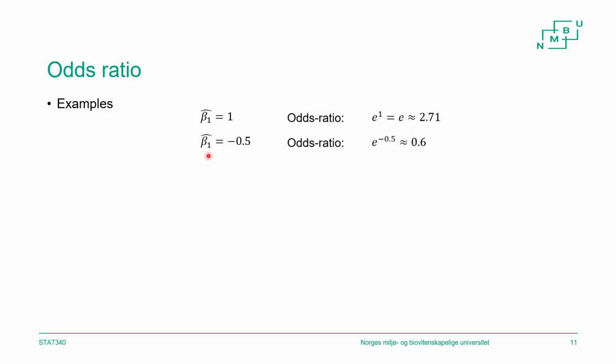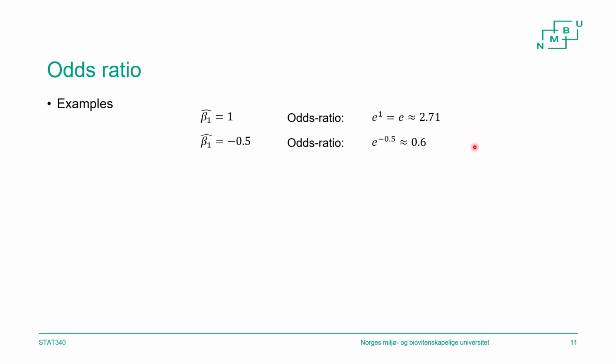On the other hand, if we estimate beta 1 to be some negative value, for instance minus 1/2, then you can see that the odds ratio becomes smaller than 1. So now the odds shrink. It's a factor of 0.6, so it goes down.